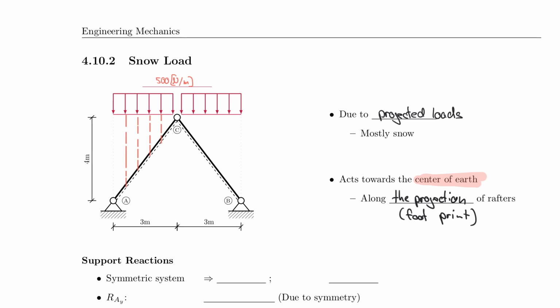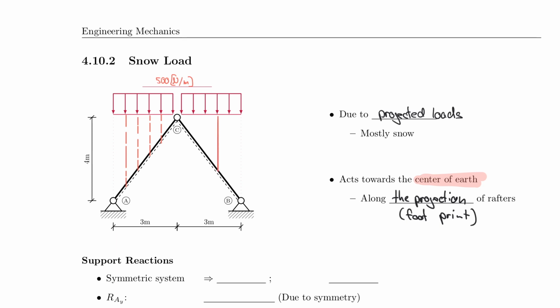So if you understand that, then all you have to do is convert the snow load to a self-weight, if you will, because you see again that we have pretty much forces that are perpendicular. And maybe I draw this here on the other side. So let's take this arrow.